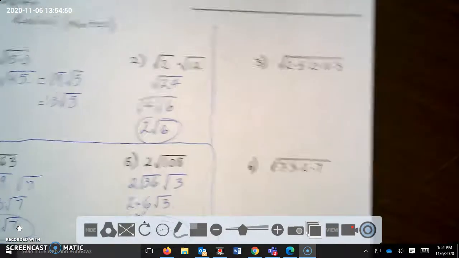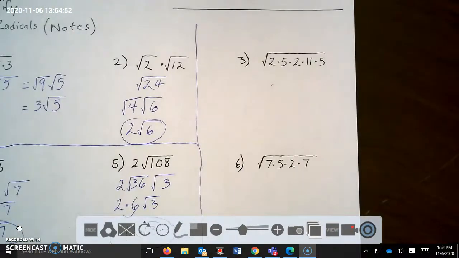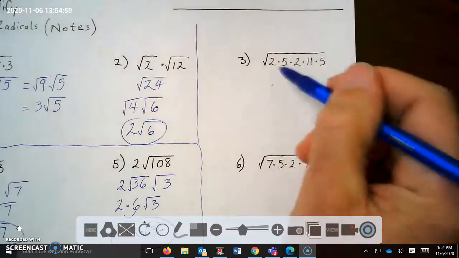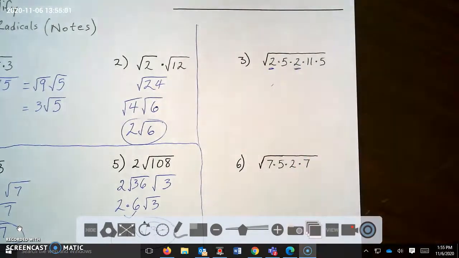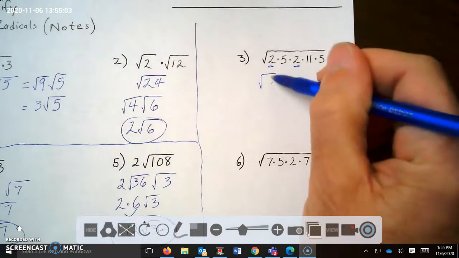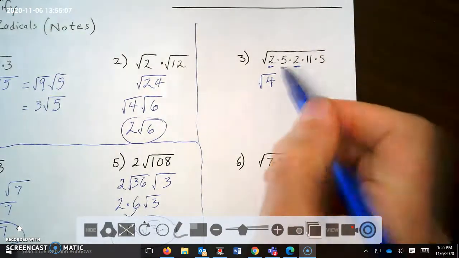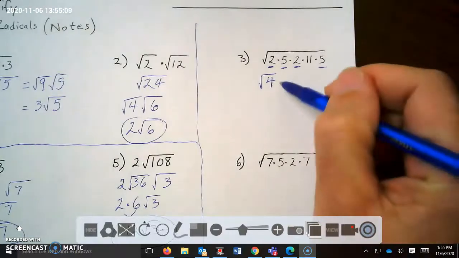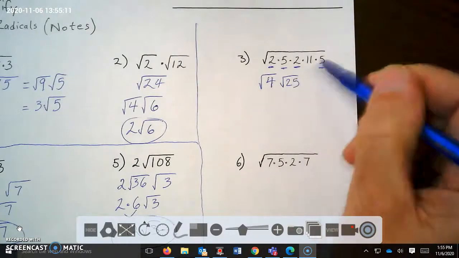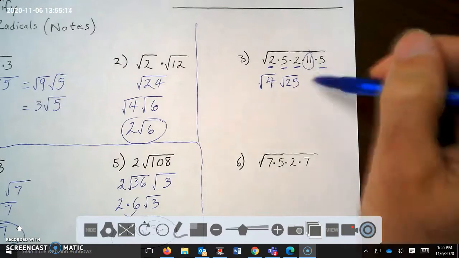These two are different. So you could multiply all that together. The problem is sometimes those numbers get very big. If you look, you will see we have a pair of 2's. 2 times 2 is 4. That's a perfect square. You also see we have a pair of 5's. 5 times 5 is 25. Now the only number left under there is 11.